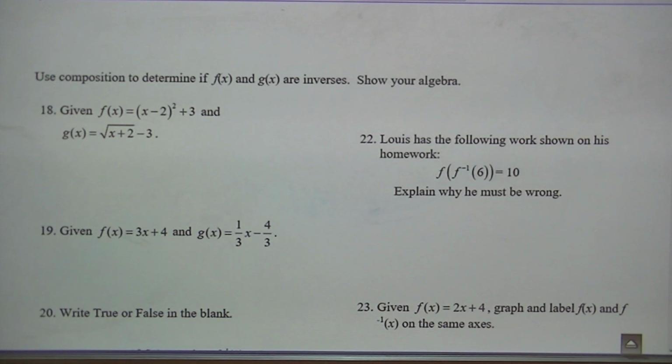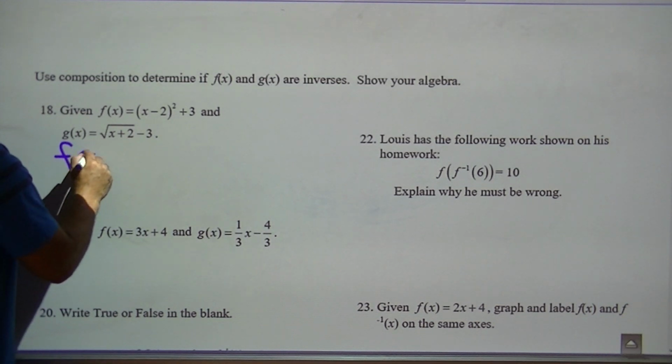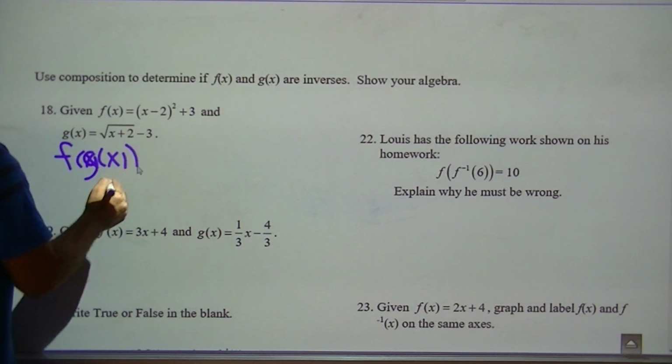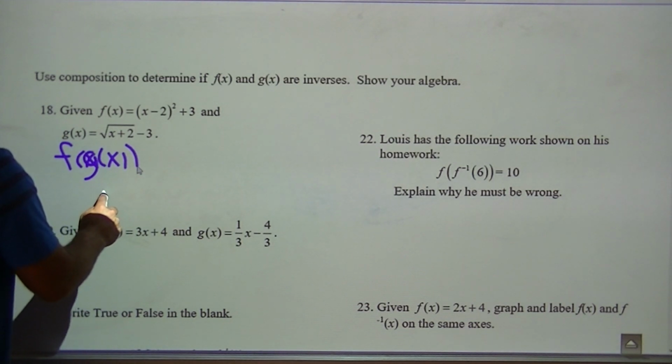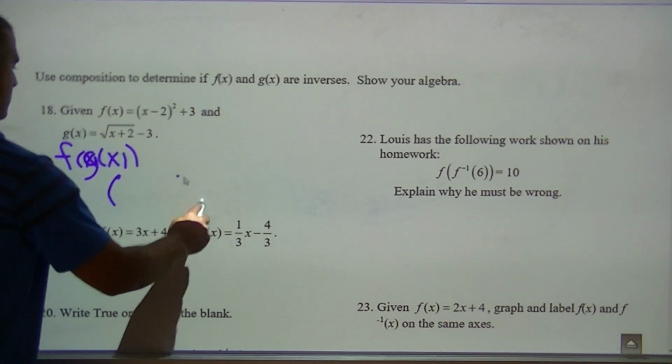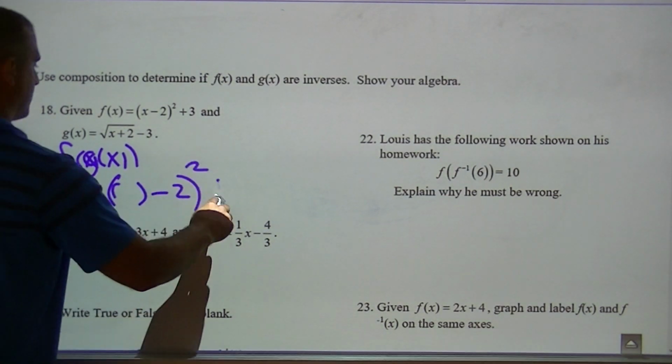Given this, determine if they're inverses. What you would do is f of g of x. So what would happen here is you would start with the f function, squared plus 3.